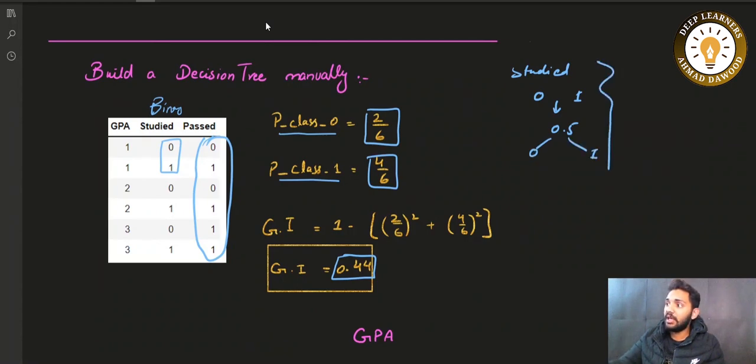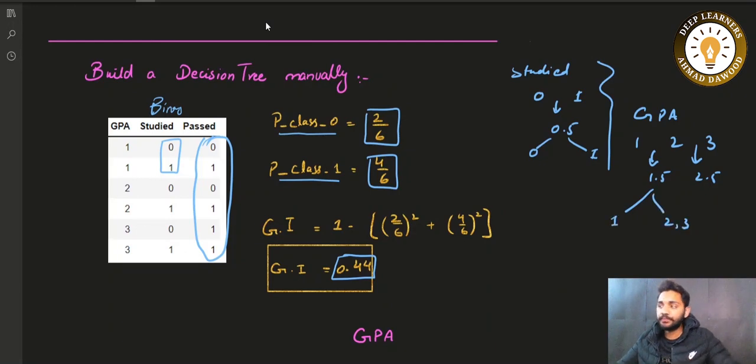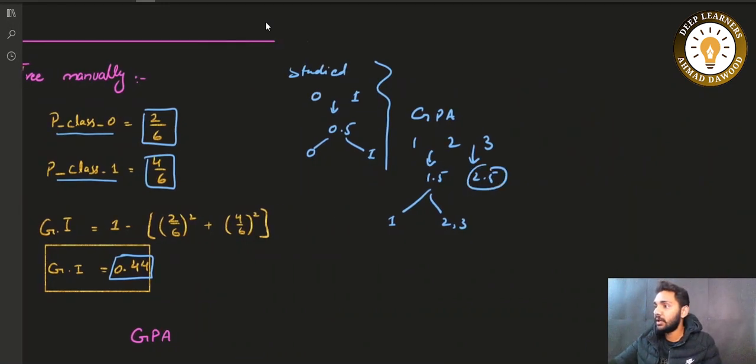In the case of GPA we have 3 values, 1, 2, 3. So how will it split? There will be 2 split points: one will be 1.5 and one will be 2.5. The values less than 1.5 will be 1, and greater than 1.5 will be 2 and 3. In the same way, the values less than 2.5 will be 1 and 2, and values greater than 2.5 will be 3.